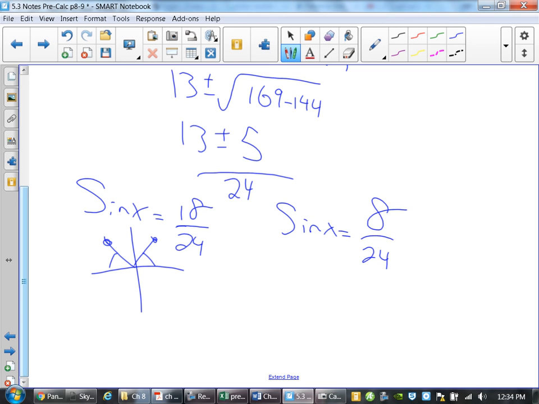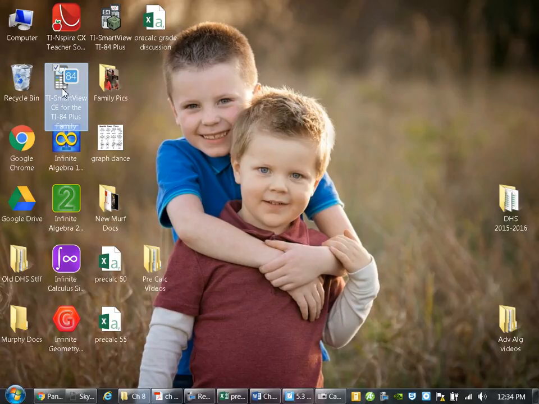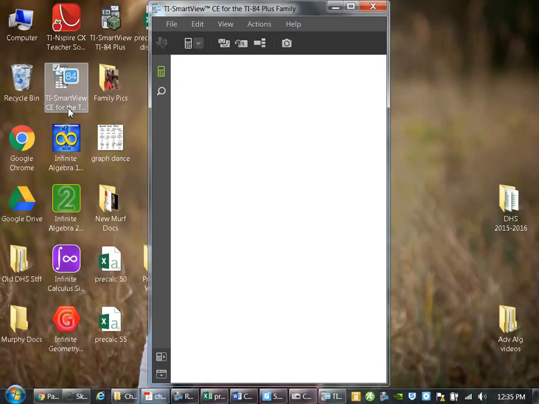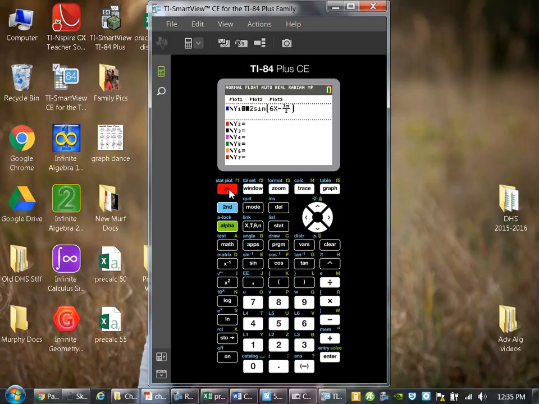Inverse sine. If you do it in radians, you get 0.85.